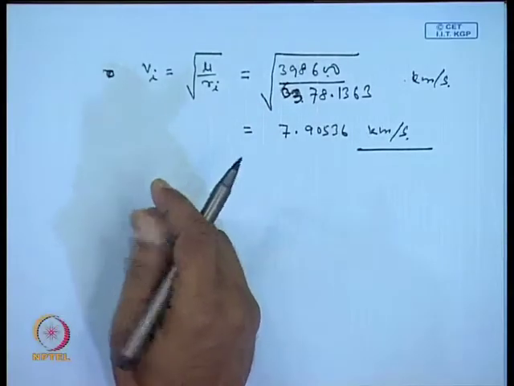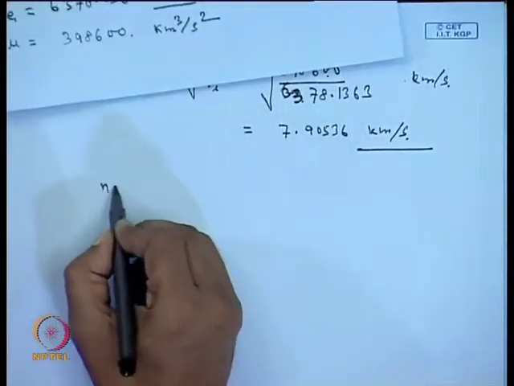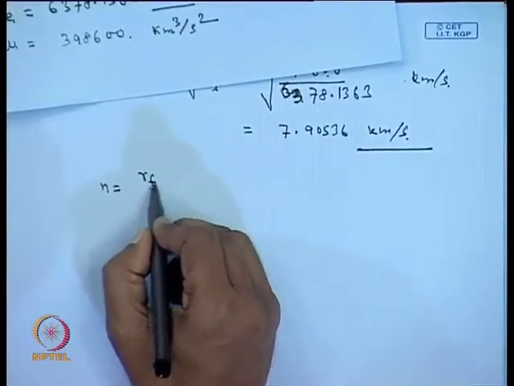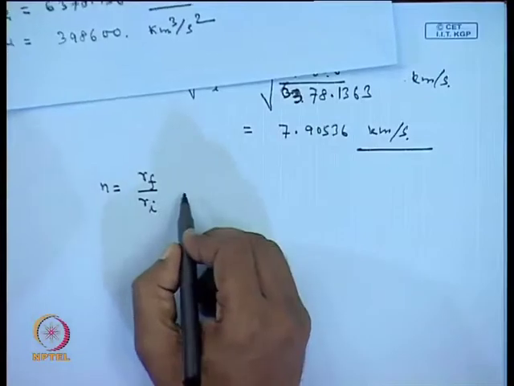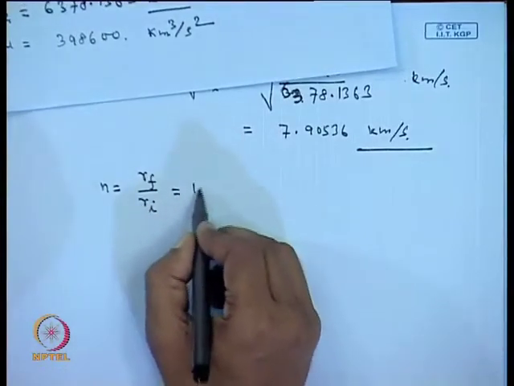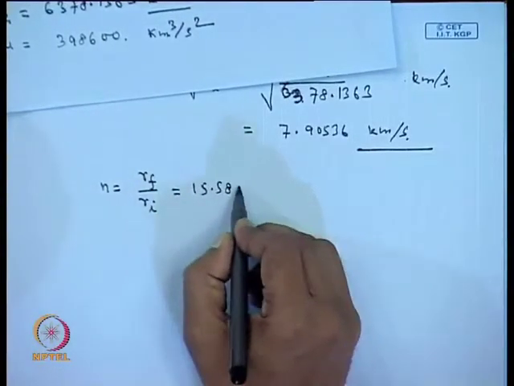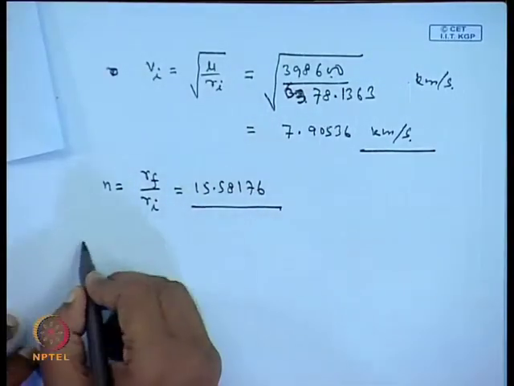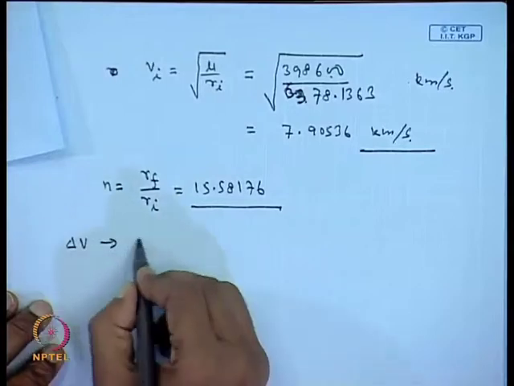So, if you choose n, which is nothing but the radius of the final orbit divided by the radius of the initial orbit, equal to 15.58176, then you can calculate delta v according to equation 1.